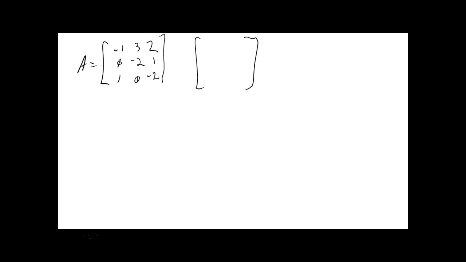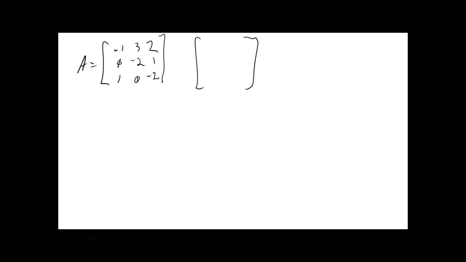Now, as I said here, the cofactor Cij of a square matrix is defined as the sign, which I just determined was positive, times the determinant of the matrix obtained by deleting the ith row and the jth column. So you eliminate that row and that column and take the determinant of what's left.